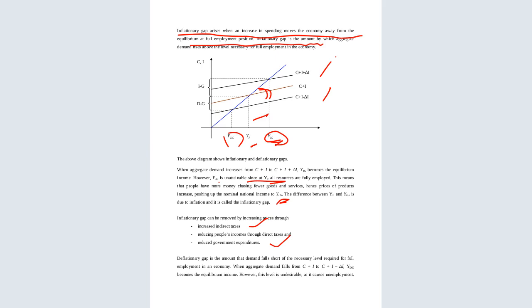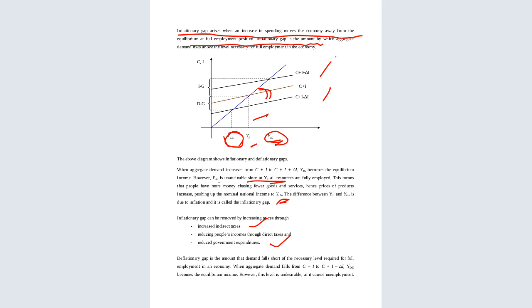So when the aggregate demand falls from C plus I to C plus I minus the change in I, YDG is the income. So you can see we have the YDG, which is here, and that is the equilibrium income.